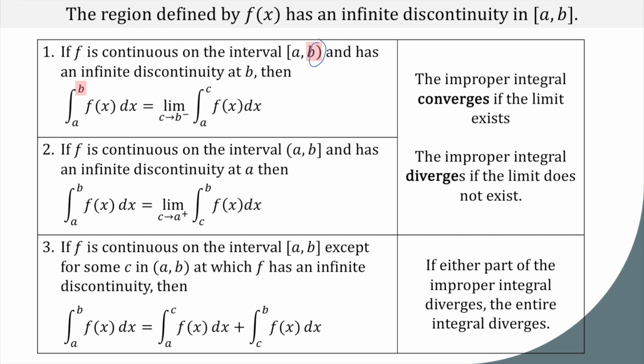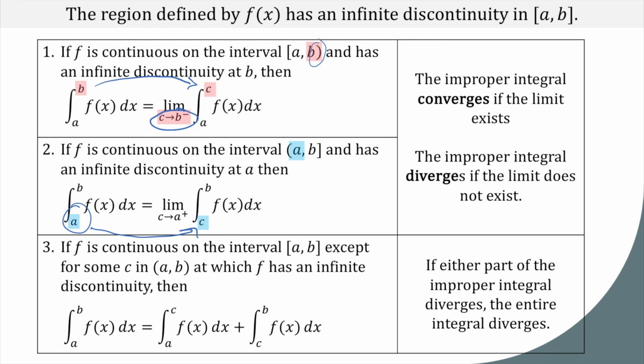So we'll have to rename b with a different letter like c, and then take the limit as c approaches b from the left. For scenario 2, now we have a discontinuity on the lower bound at a. Then we can't use a as our lower bound, so we'll have to give it a new name, like c, and then take the limit as c approaches a from the right, and then solve from there.